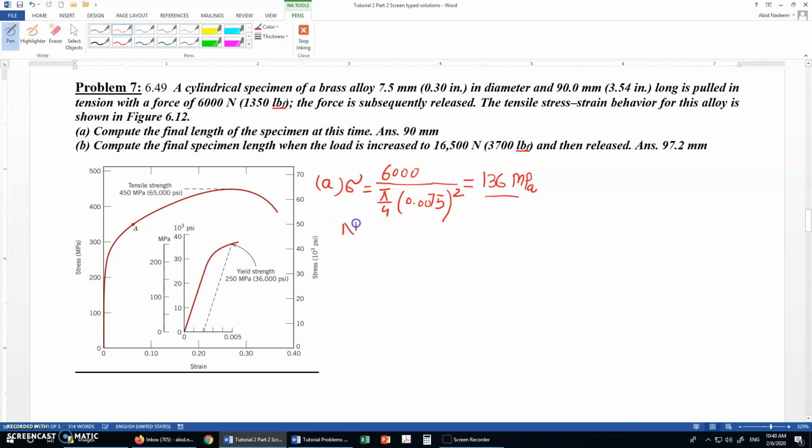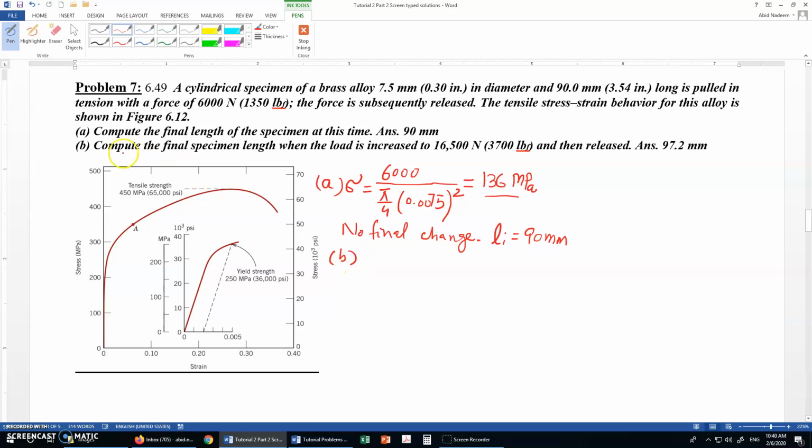So the final length will be 90 millimeter. Whatever change happens as a result of the stress, by the removal of the stress the specimen will come back to its original length. Okay, so this was part A.